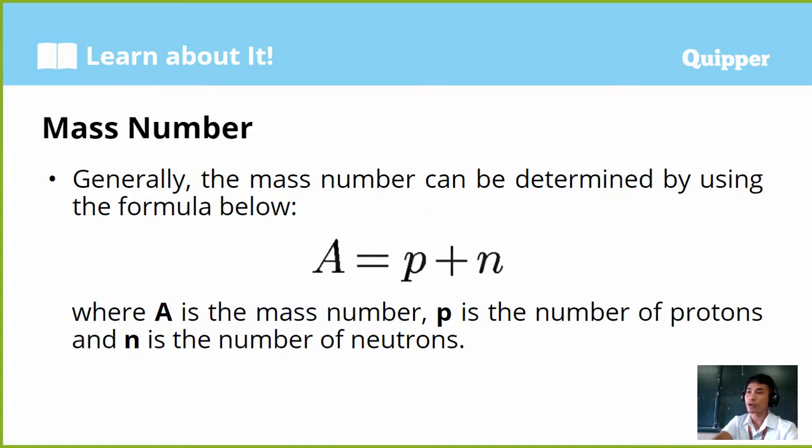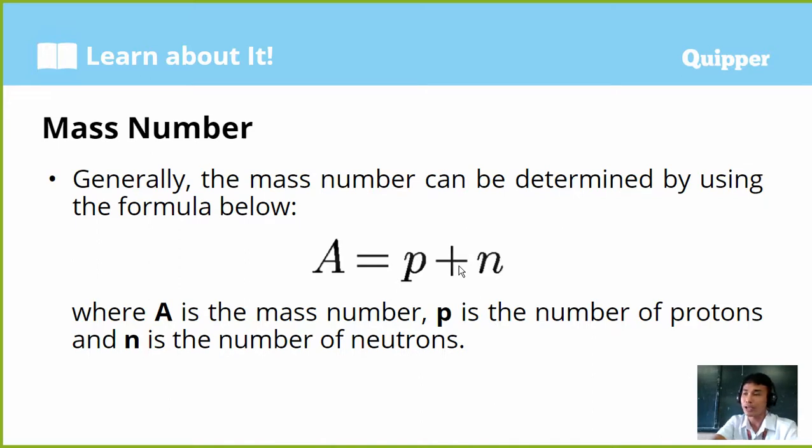For mass number, remember that the mass of an atom is represented by the mass of the nucleus, and the nucleus contains protons and neutrons. Therefore, the mass number is represented by the sum of a proton and a neutron. So A, which is the mass number, is the sum of protons and neutrons.